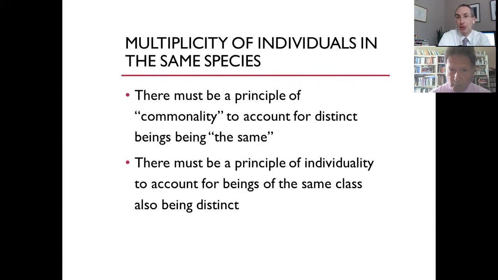There must be a principle of commonality to account for the distinct beings being the same. And at the same time, there must be a principle of individuality to account for beings of the same class also being distinct, right? There has to be something that explains how come I'm a human being and you're a human being and we're not the same, right? And same with the dog and the tree and the water.